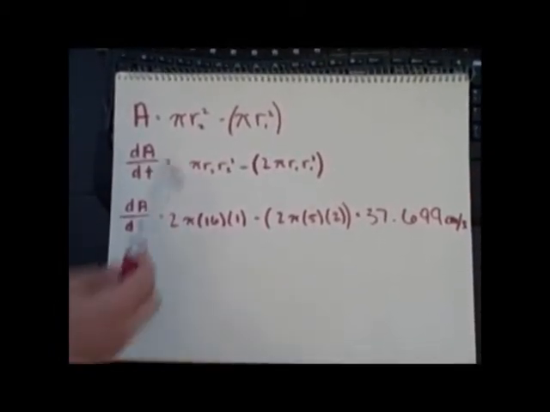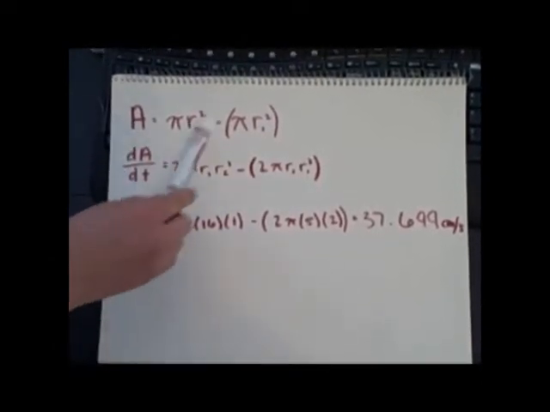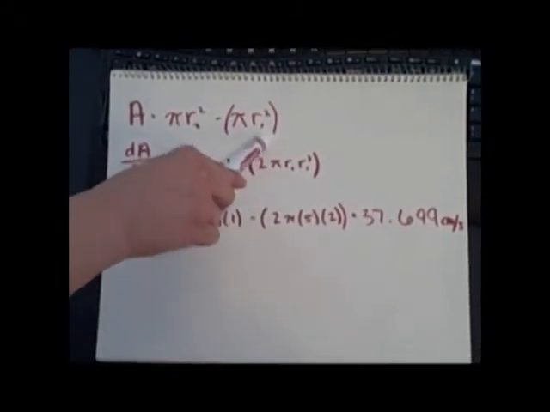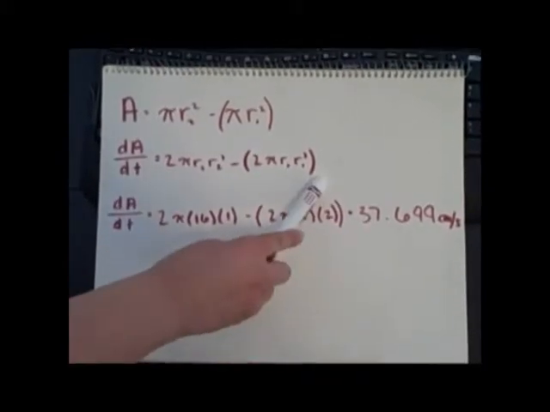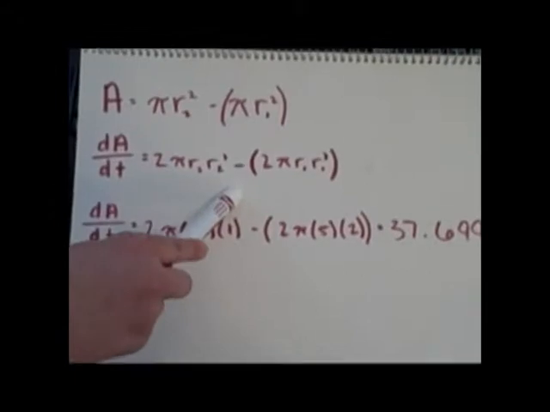To start out, we have the area function to find the area between the two circles, which is the larger area minus the smaller area. When you take the derivative of that, you get this function here, which describes the rate of change of that area as the circles are changing.